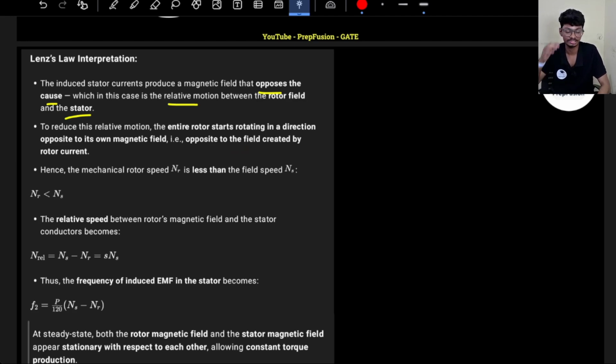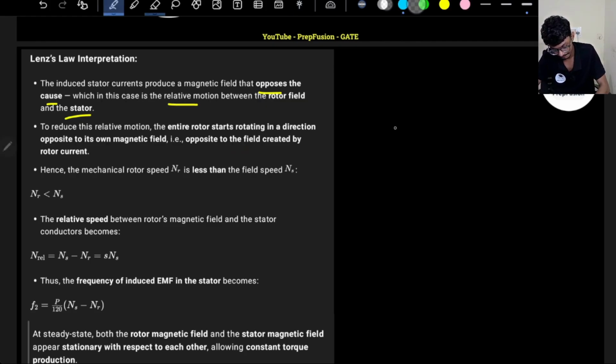It reduces the relative speed of the rotor magnetic field, because ns is fixed. This is the relative speed of the rotor magnetic field with respect to the rotor itself.